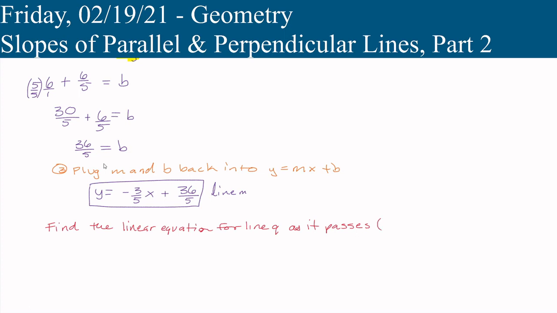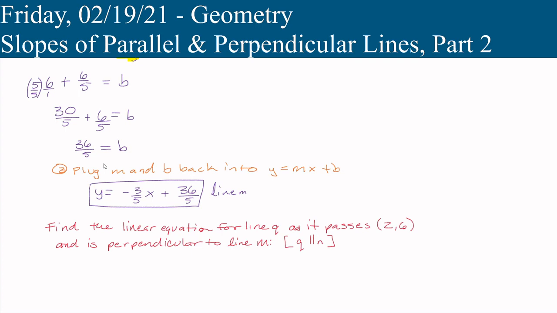We're going to use that same coordinate that M passed through, 2, 6, because that is an intersection for it, and it is perpendicular to line M. And I'm going to put here in some brackets: remember that line Q is also parallel to line N. We found that slope earlier for line N.